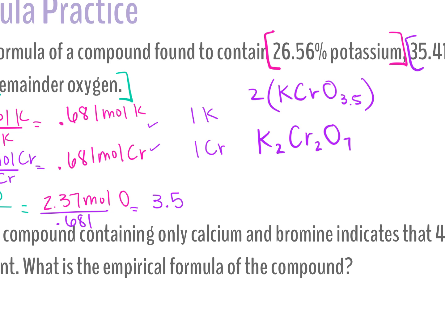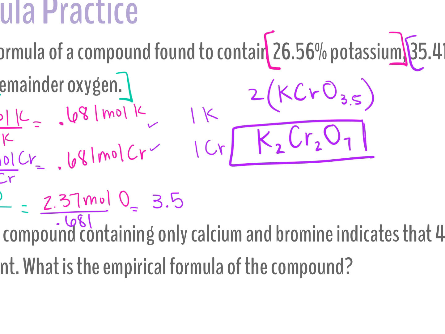Okay, so does that answer your question, Peter, about what happened? Yep, that's perfect. That's what we want to do. Okay, we have to keep our ratio intact, but we also have to have compounds that have whole number ratios. Okay, so that's what it needs to be.